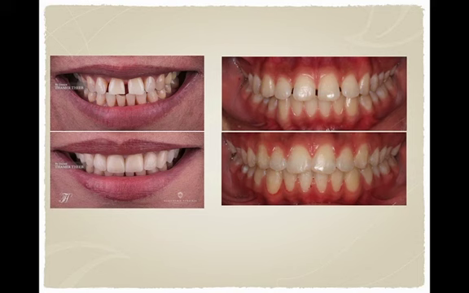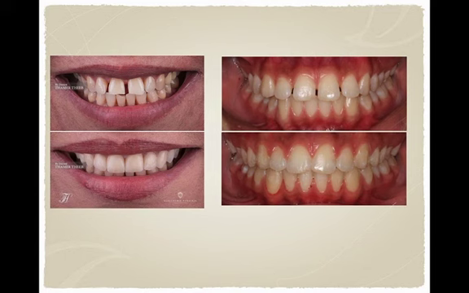As you know from the lecture on retention and relapse, if we close the spaces using fixed appliances, we need to use a bonded retainer after we finish because this is an unstable process. So we have a disadvantage of retention.